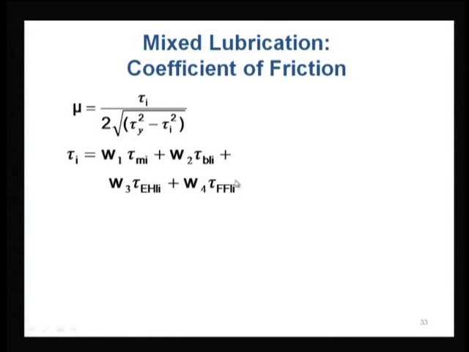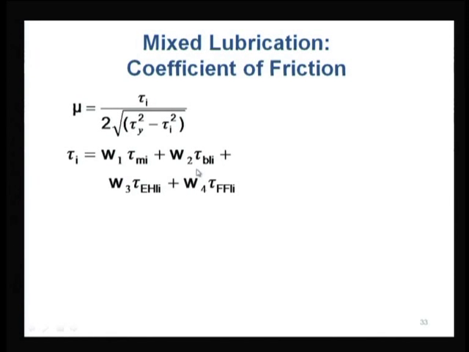Now, there is a possibility of generation of a fluid film, and that will give some friction because of the shearing of that lubricant. And if there is elastic deformation, the deformation will consume some energy, which can be directly related to viscosity increase. Depending on the elastic deformation, the viscosity of the lubricant will increase, and that is going to increase the coefficient of friction, particularly in this situation.